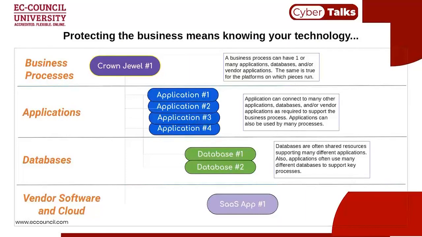And we go back to the relationships: what we're trying to support is the crown jewel. Those relationships are the applications, databases, and other things like SaaS apps from vendors that support that crown jewel. We need to know that technology. The applications and the databases all have many, many relationships.